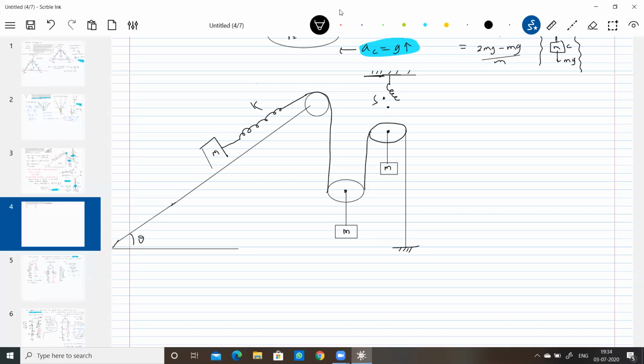Okay, now try to analyze the problem. These are the pulleys.